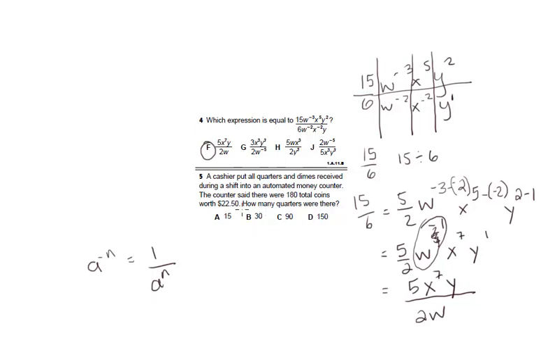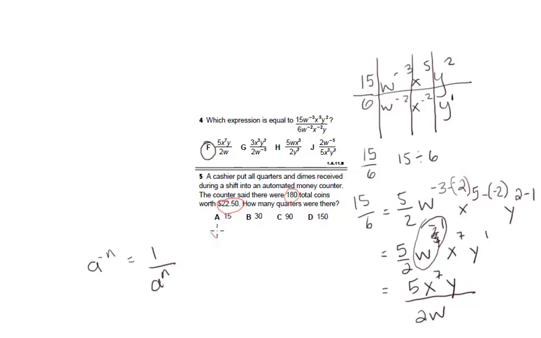When I look at number 5, we're asked to find the quarters and dimes. The total number of quarters and dimes is 180, and the sum of the value of those coins is $22.50.